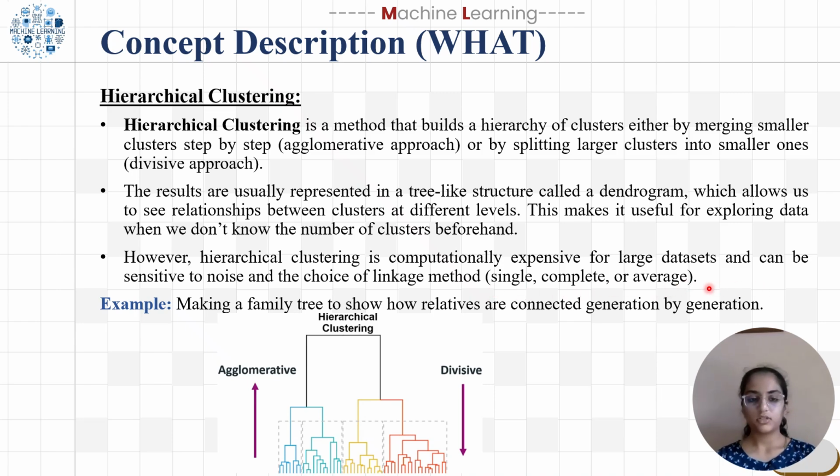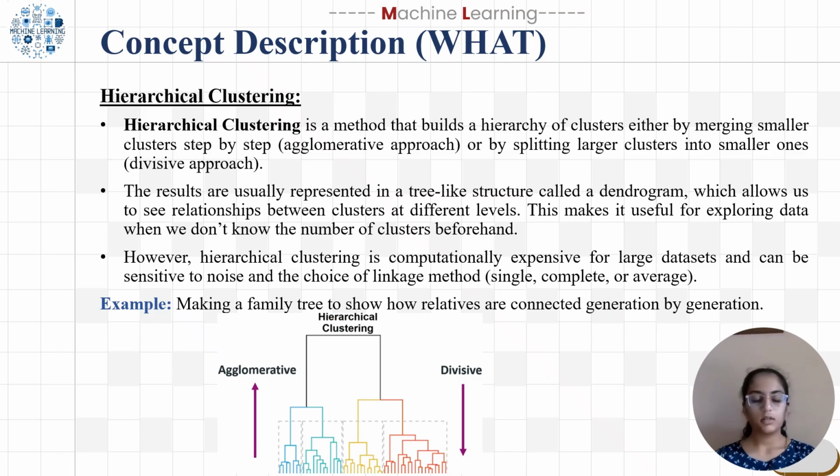So hierarchical clustering is represented in a tree-like structure, which we call a dendrogram, and it shows us the relationship between the clusters at different levels. Here we can see one example, that is making a family tree to show how relatives are connected generation by generation.